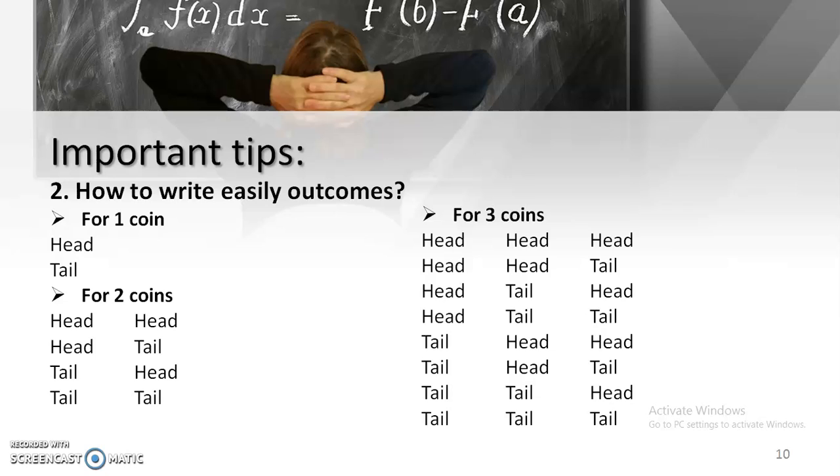Now 2 divided by 2 means 1, so the answers are head tail, head tail, head tail, head tail. These are the outcomes you can write easily. Got it? If you have any doubt about it, you can ask me in the comment section. So go to the next.